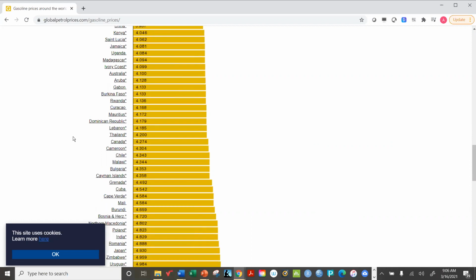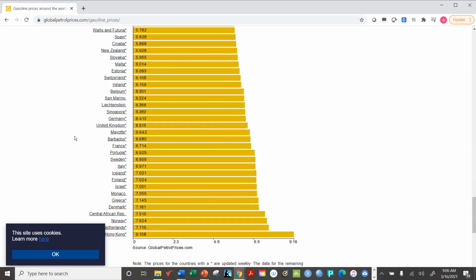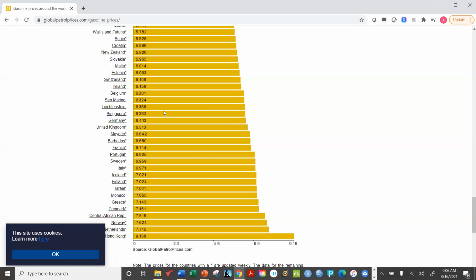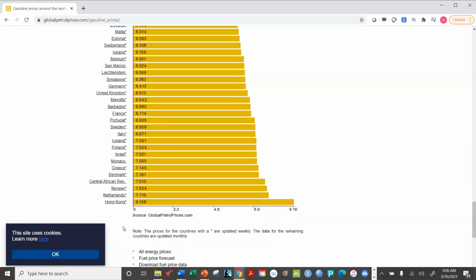Now let's come down here a little ways and look at some of these countries, like Italy, $6.97 a gallon. Ooh, that hurts. United Kingdom, $6.51. Germany, 6.41. Switzerland, 6.10. Where's France? Now, Norway is an interesting case. Look at Norway, 7.624. How's it so high?